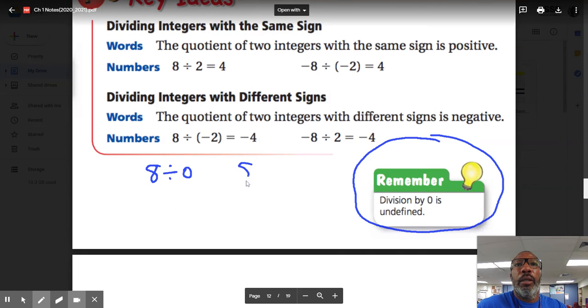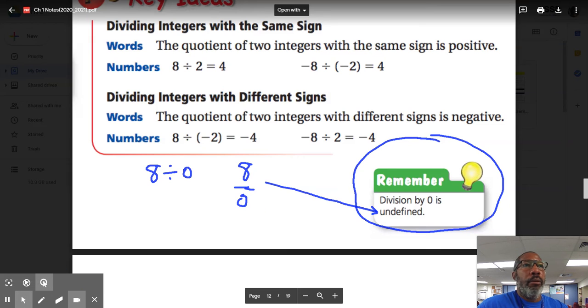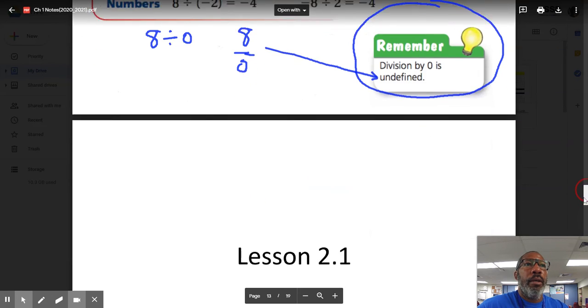Remember, that could be written this way as well. Okay, 8 divided by 0. Both of those we would say are undefined. We just can't define them right now. We need some more math to be able to do that. Okay, so I'm glad I remembered that.